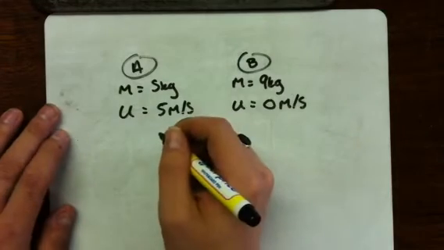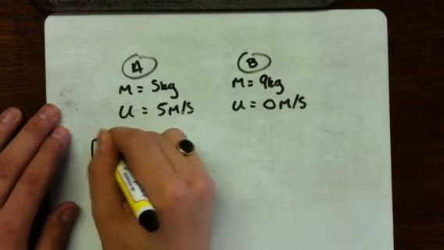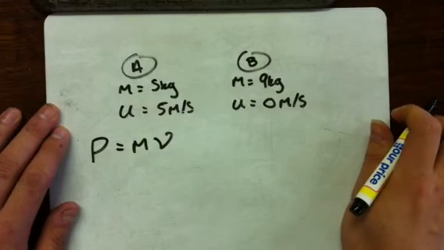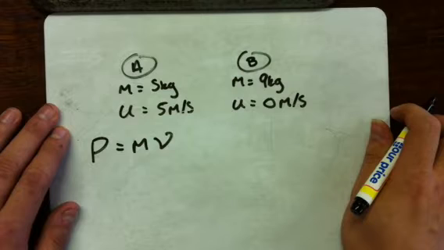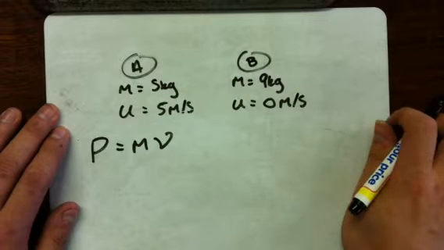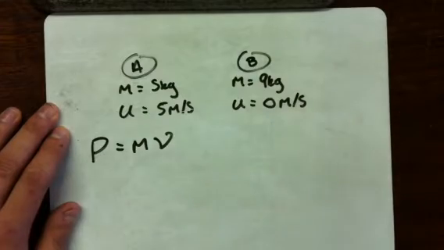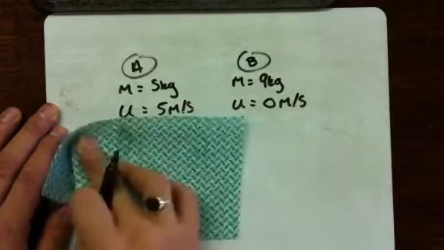So, in these questions we're always going to be using p equals mv, the equation for momentum, where m is mass and v is velocity. Now, we need to find out the sum of the initial momentum, so the total momentum before the collision.